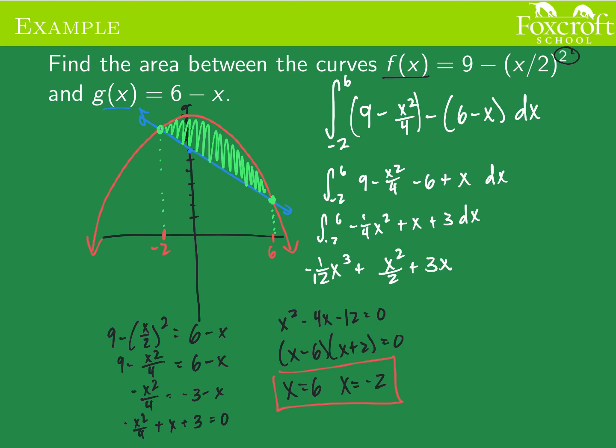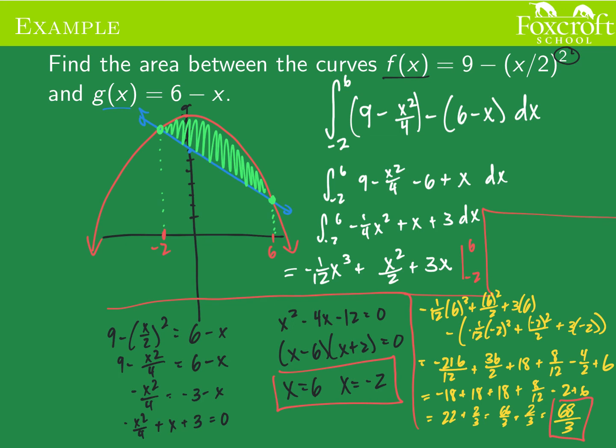That's my antiderivative, and I'm going to evaluate it from -2 to 6. Just to keep the video short, I'm going to pause the recording and work out the calculation, because it's just plugging in numbers, but I think it's useful to see the final answer.